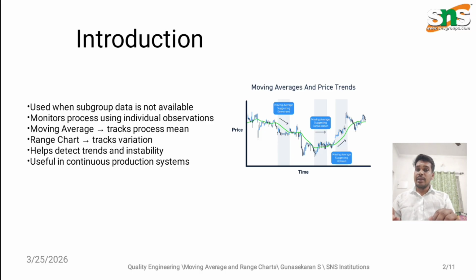These charts are useful when individual measurements are available instead of subgroup data. They help smooth out short-term fluctuations and highlight long-term trends. By analyzing process variation and central tendency, engineers can detect problems and take corrective actions.